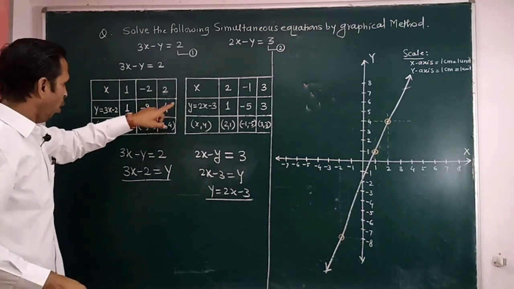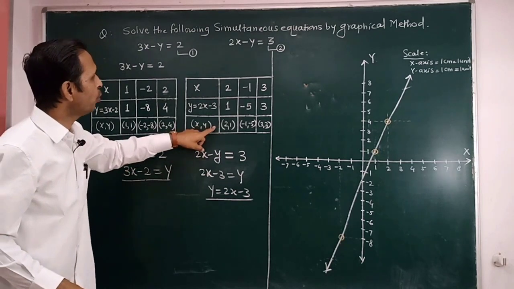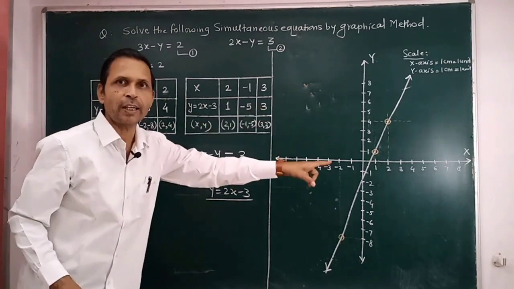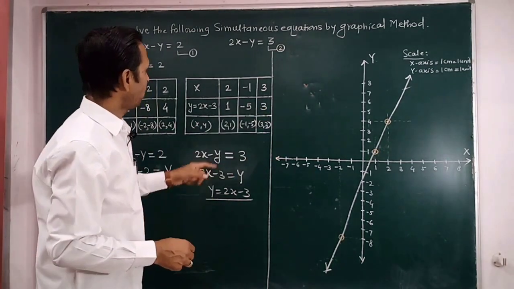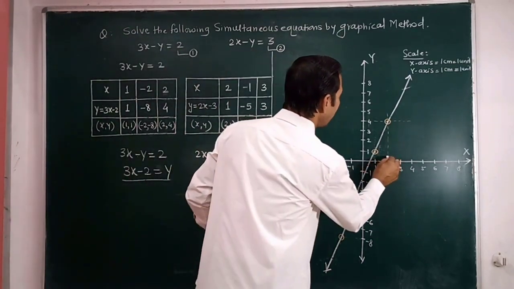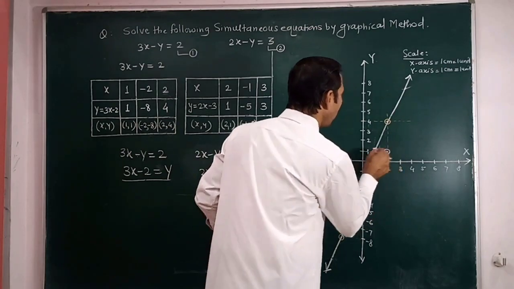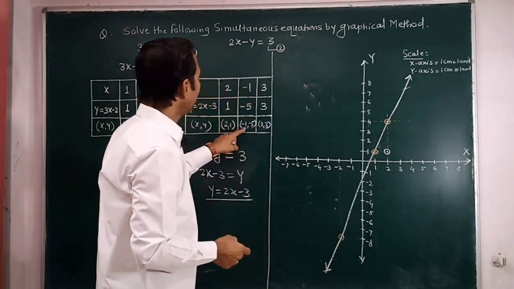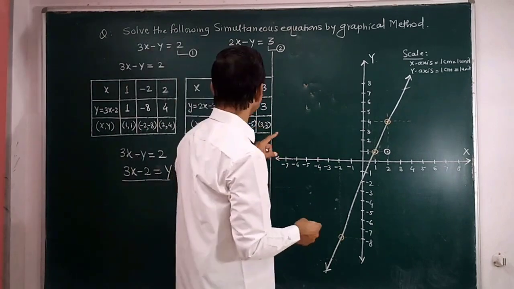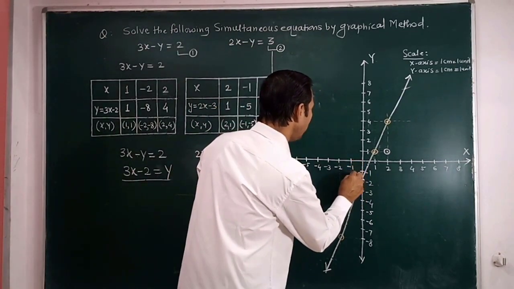Now take the other equation, take the solutions of this equation and plot the points again on the graph paper. First point is 2 comma 1, means like this. This is the point 2 comma 1. Next point is minus 1 comma minus 5, means like this.